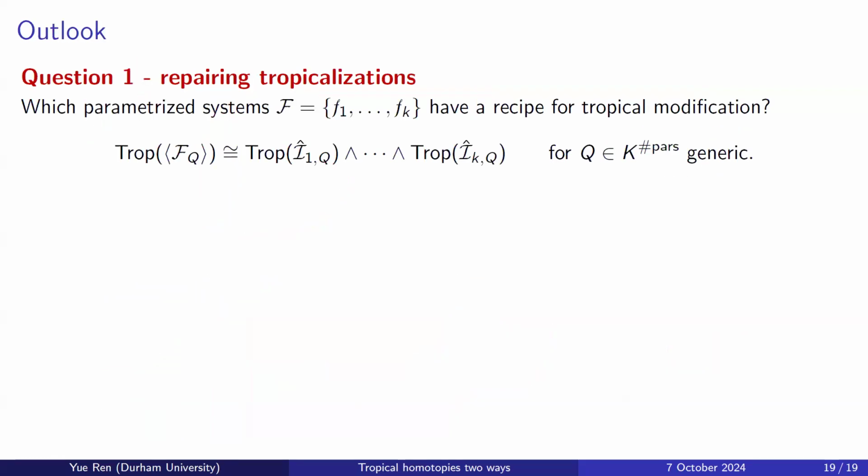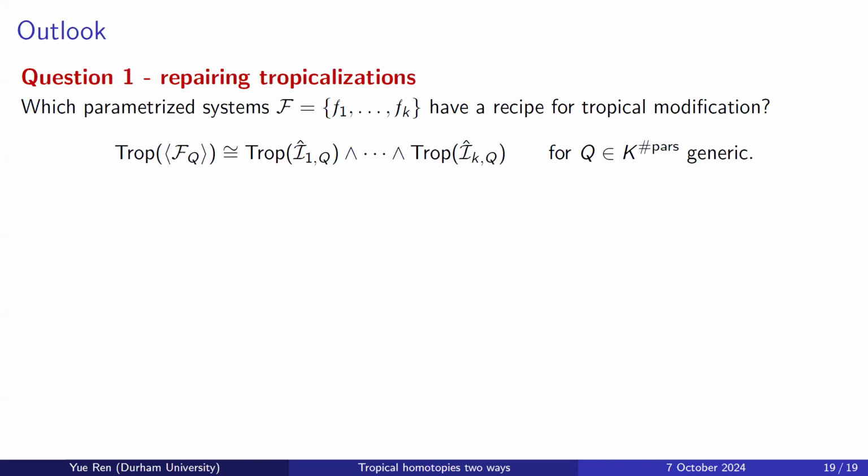Okay, so I talked a little bit at the start about repairing tropicalizations with modifications, and one question that I've been thinking about a lot, but also I think a lot of people here have been thinking about, maybe not from the same background, is which parameterized systems have a recipe for tropical modifications.